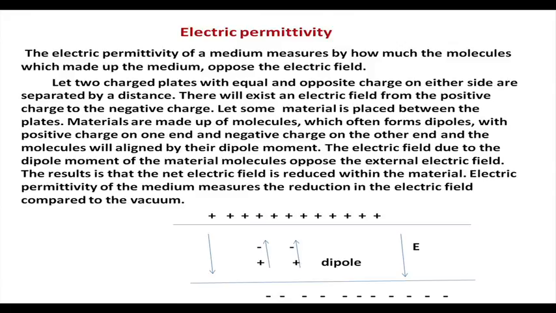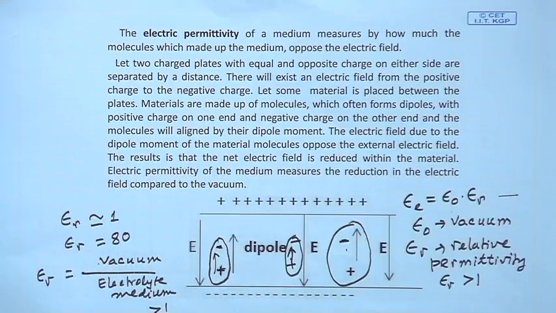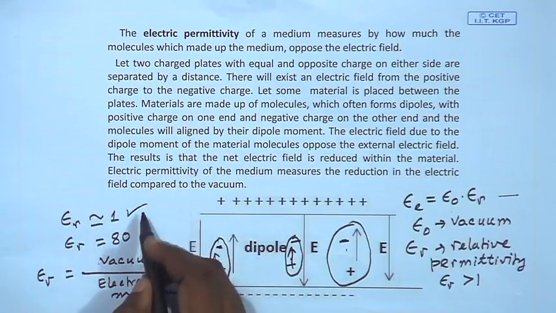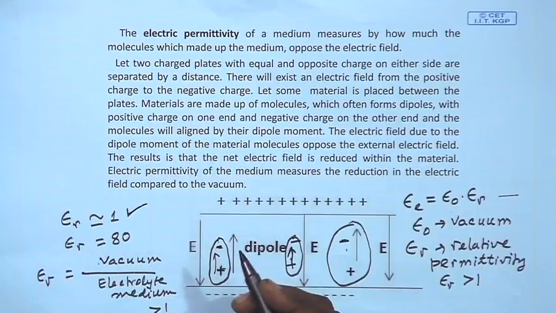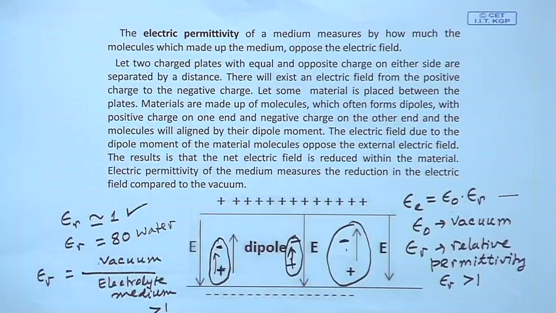So, obviously, the relative permittivity is always greater than or equal to 1. For gas or air we can take the permittivity as 1, and for water a larger value is generally taken.